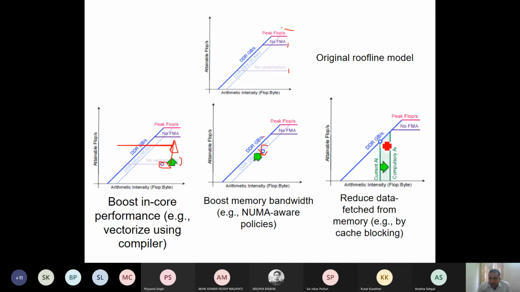And if we are already at DRAM bandwidth, that is, our current AI is here, we should move towards this. We should try to increase the AI for this particular application so that we can get higher performance.